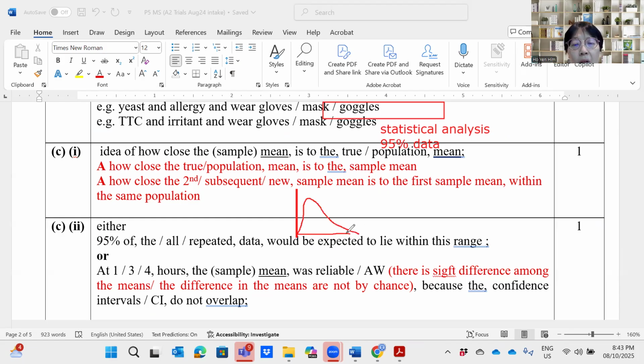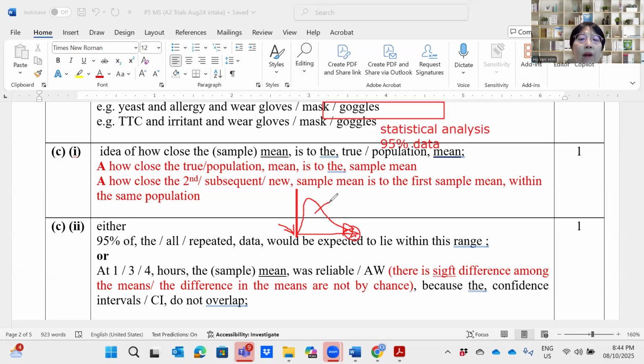And then the area below the curve represents 100% of students' data, and we want to have a confidence interval of 95. That means this is called the extreme chi-square value that is very far from the expected value here.